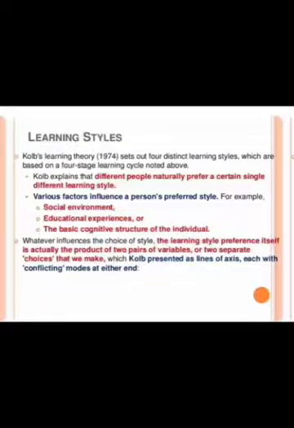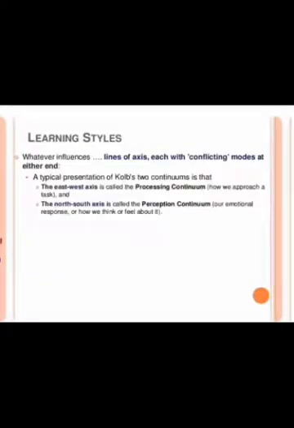the learning style preference itself is actually the product of two pairs of variables, or two separate choices that we make, presented as lines of axis, each with conflicting modes at either end.